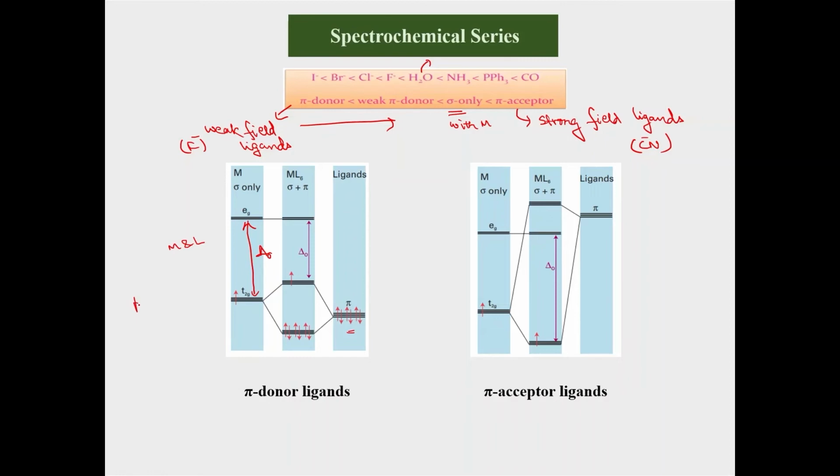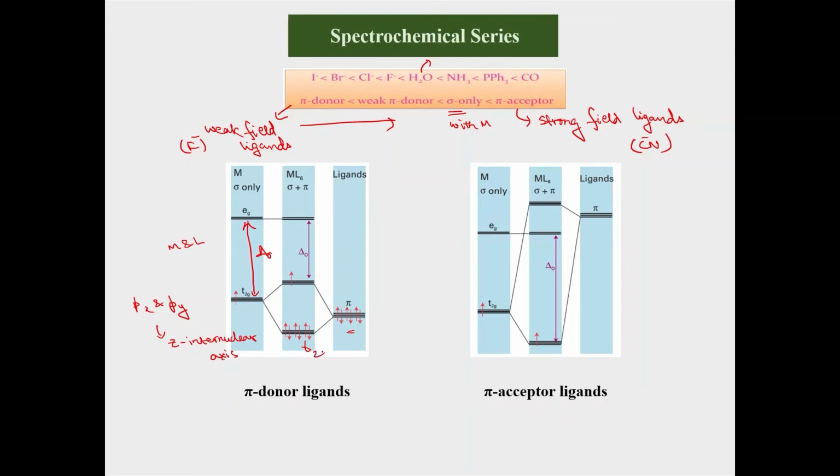Their px and py orbitals are filled, if we consider z as the internuclear axis, and they have the correct symmetry to interact with the metal T2g set of orbitals, and a combination of bonding and antibonding orbitals will result.